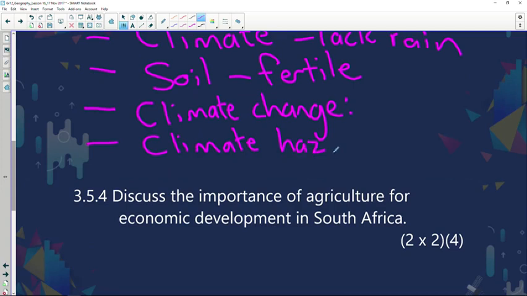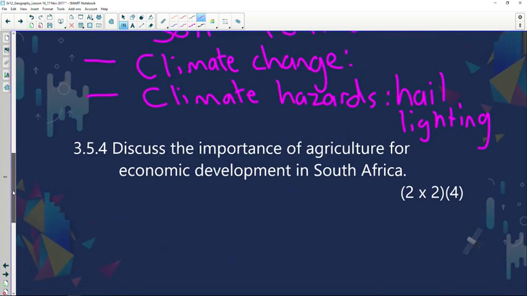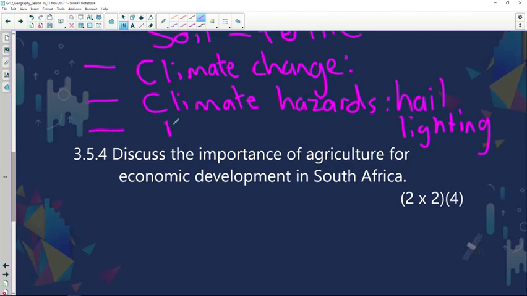When I refer to climate hazards, it's like hail, can destroy the crops, or lightning that can cause devastating veld fires. And unfortunately, another problem is the amount of pollution that's being created. Okay, so that can also create a problem.